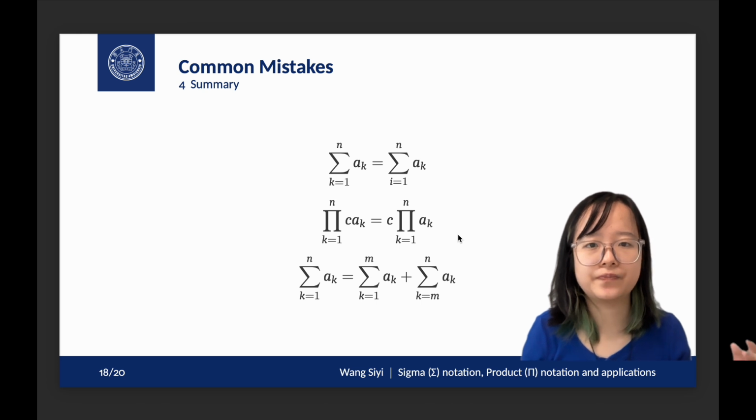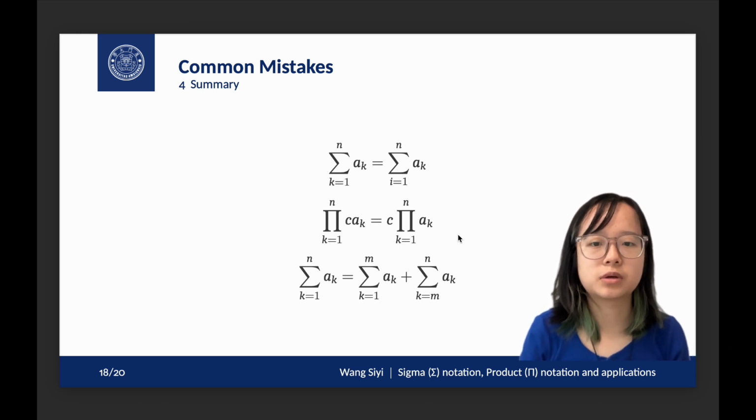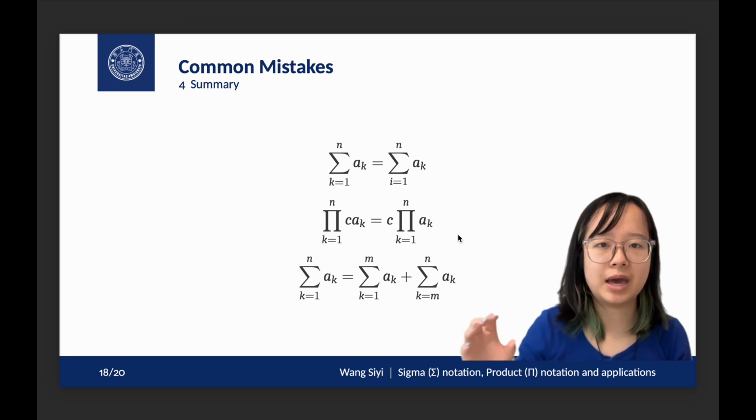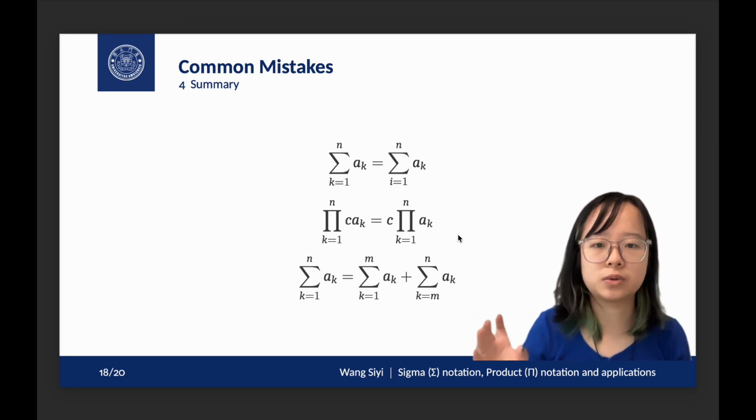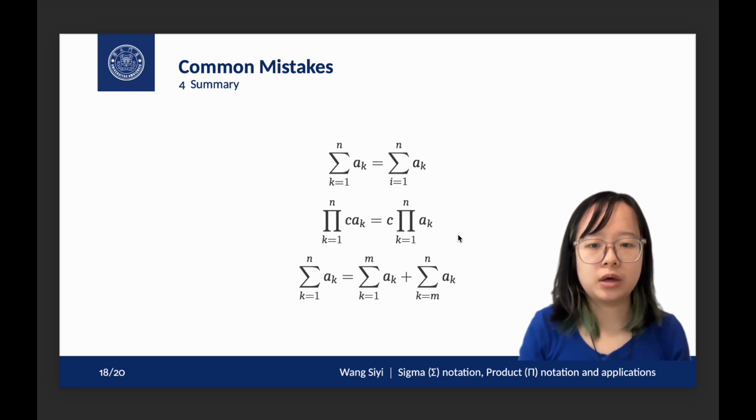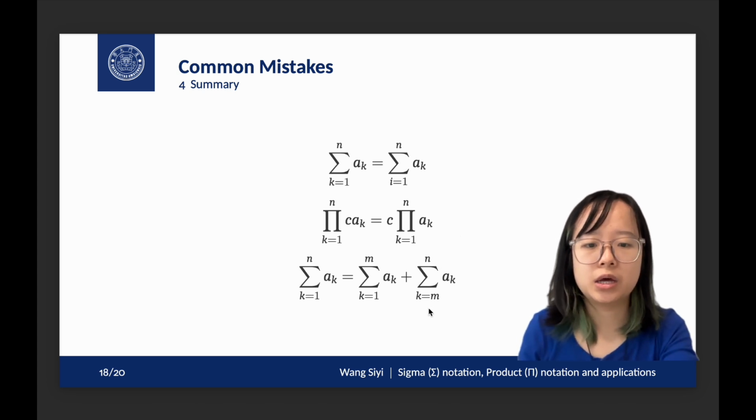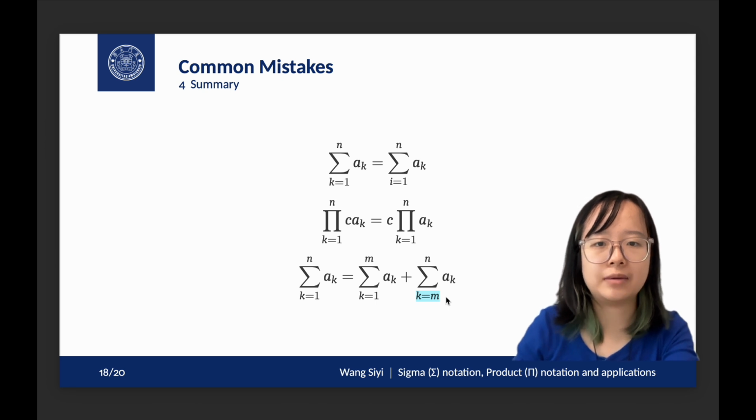The second one: because of the product notation, we need to write C as C to the n, not only C. And the third one: when we write the sums separately, the other one must start from k equals m plus 1, not starting from m.